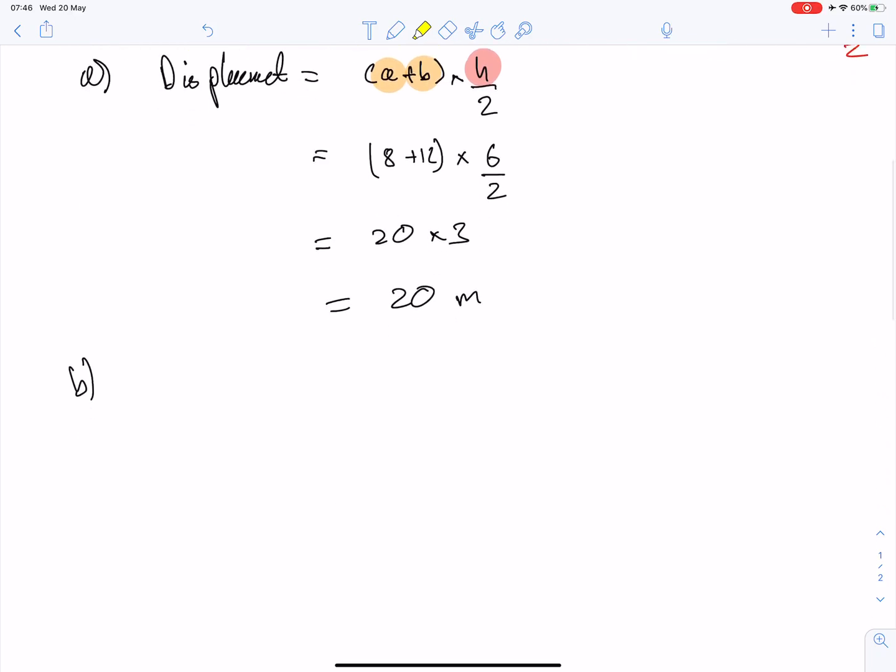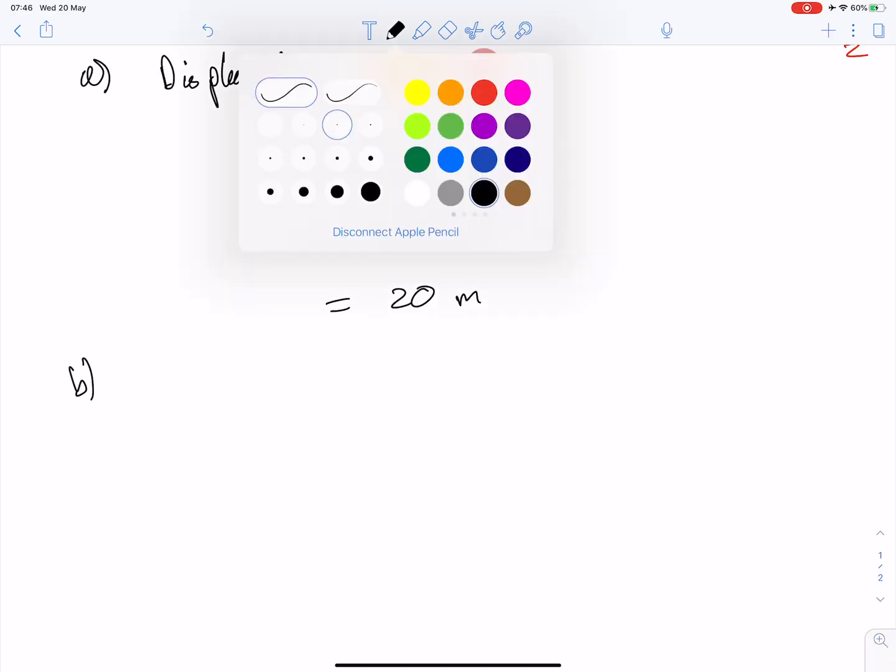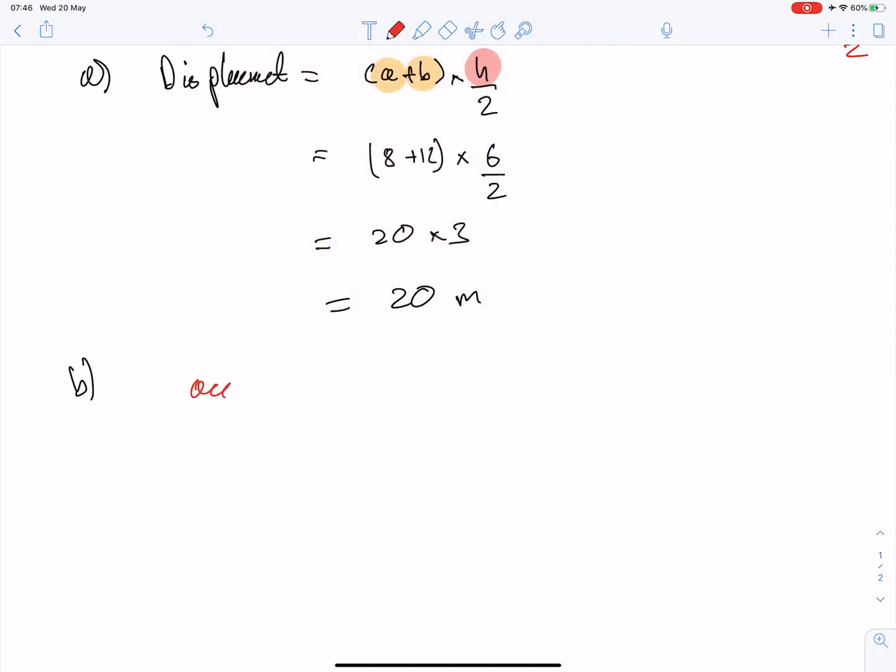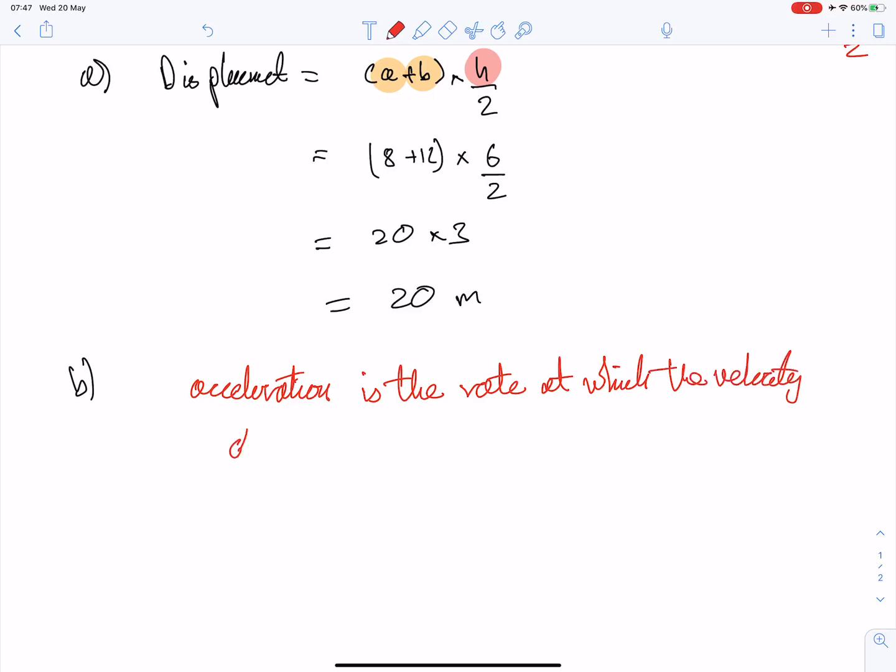So acceleration is the rate at which the velocity changes. So that's change in velocity over time taken.